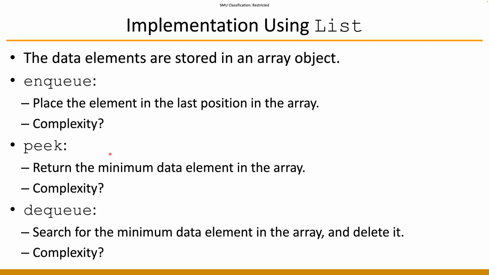If you do the peeking, you need to return the minimum data element in the array. What should be the complexity then? I think this again is not something very straightforward. I have to think carefully about what that is.